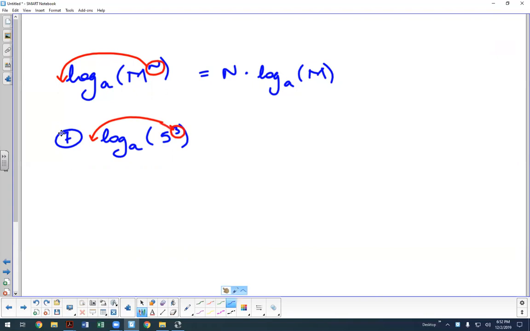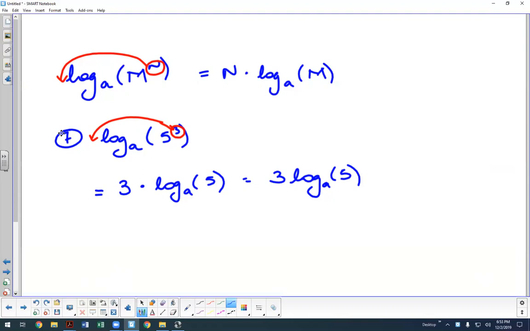So that will end up giving us 3 times log of 5 with base a. You can actually just write it as 3 log 5. You don't have to write the multiplication symbol. Okay. Power rule, where we end up multiplying the exponent with the logarithm itself.